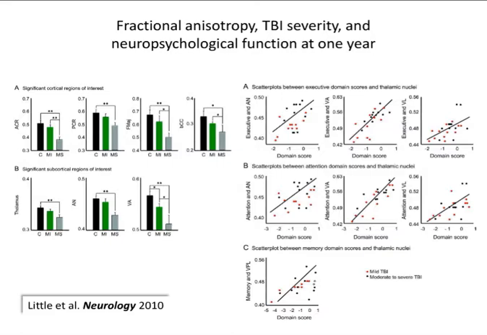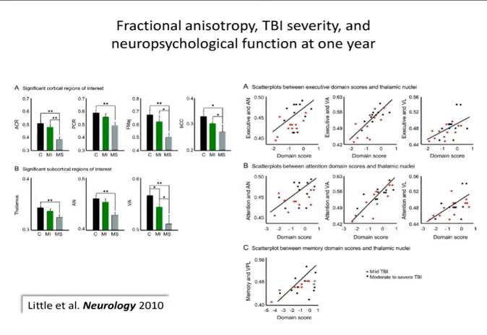So is there any relationship between TBI and outcomes? This is a very, very interesting study looking at FA values. Fractional anisotropy is a quantitative variable that tells us something about the degree of damage of white matter tracts. And you can see that when you compare controls with mild versus moderate and severe TBI subjects, across different brain regions, the FA values are significantly lower in those individuals with moderate and severe versus mild TBI.